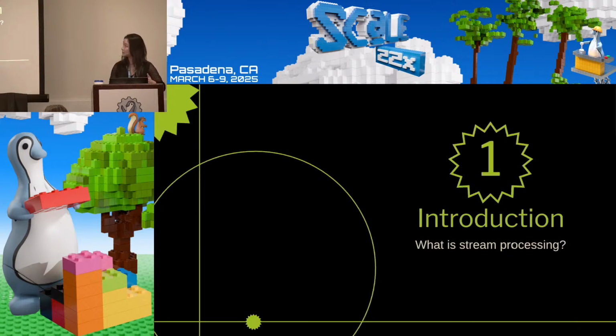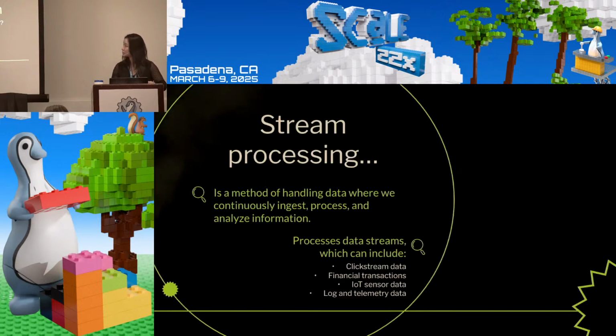So to start, what exactly is stream processing? Stream processing is a method of handling data where we continuously ingest, process, and analyze information as it arrives. So instead of waiting for data to collect over a specific period of time, stored, and then analyzed, stream processing enables real-time insights and immediate responses.